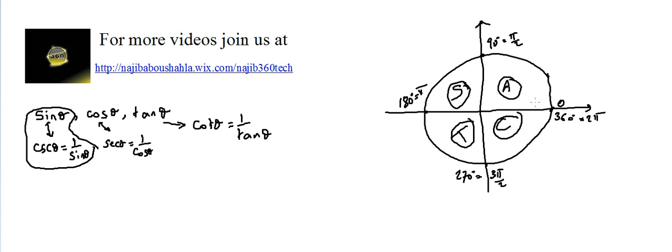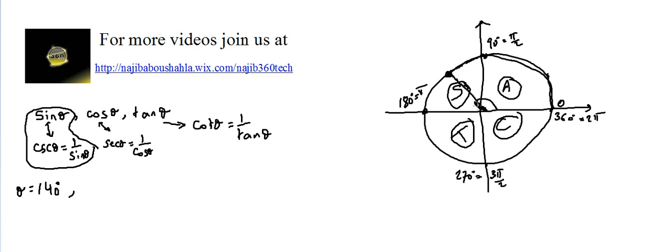140 degrees. Theta is 140. So where is 140 degrees? This is 90 and this is 180. Between 90 and 180, there is 90 plus 50 degrees somewhere here, the angle 140 degrees.